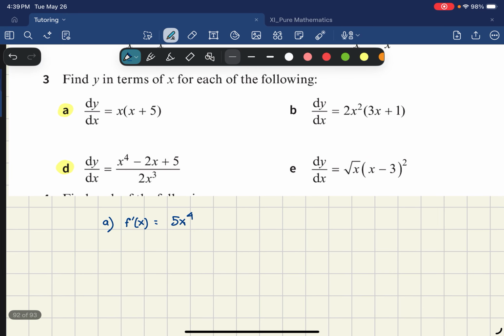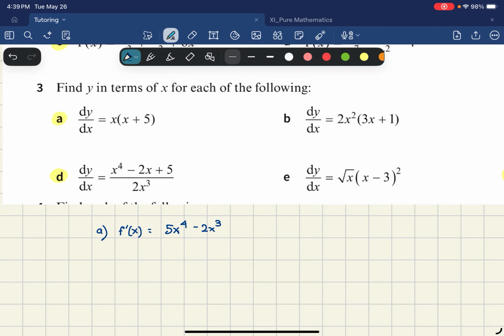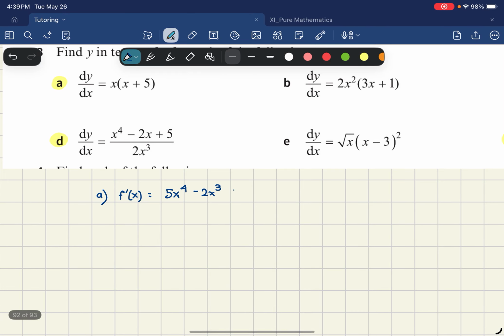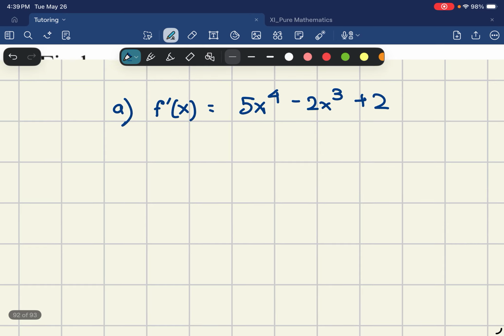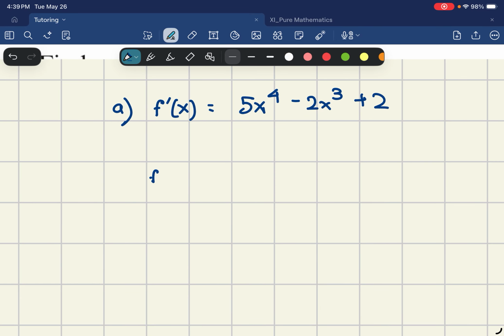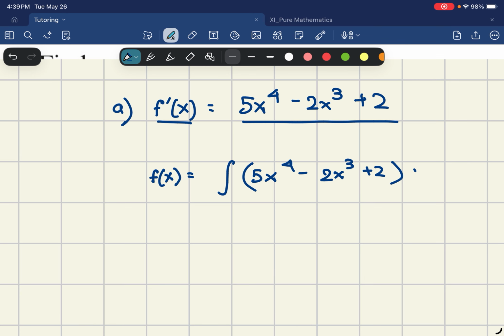You have 5x to the power 4 minus 2x to the power 3 plus 2, right? All right. So now, f of x, you are going to obtain when you integrate this expression, when you integrate f dash of x with respect to dx.